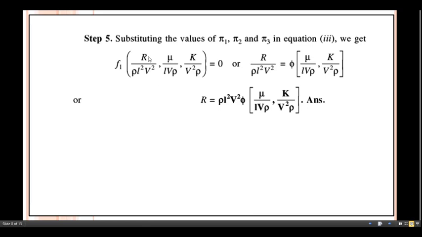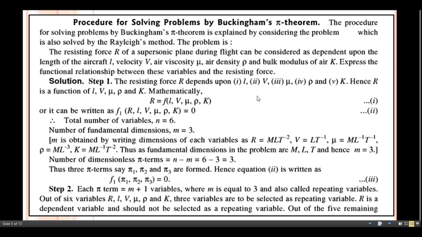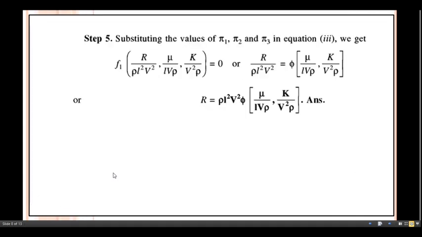Now at last, just substituting the values of pi1, pi2, pi3 in equation number 3, we can get that relation in this way.